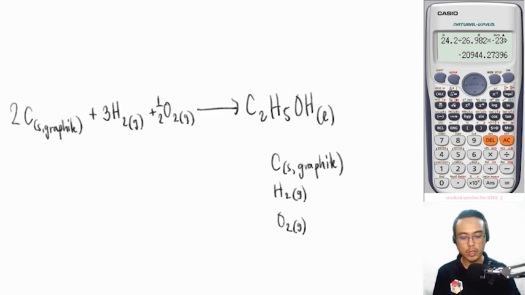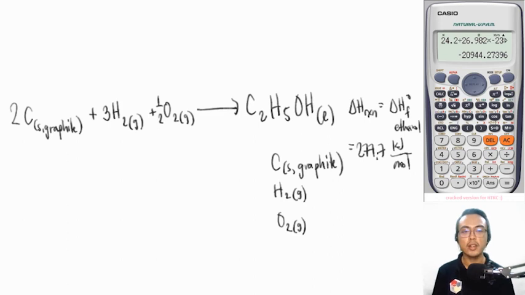Therefore, we can now say that the enthalpy of reaction of this standard molar enthalpy of formation reaction is equal to the standard enthalpy of formation of ethanol. And the value of that is negative 277.7 kilojoules per mole. Okay? So that is how we write standard molar enthalpy of formation reactions. Do not forget our three criteria.